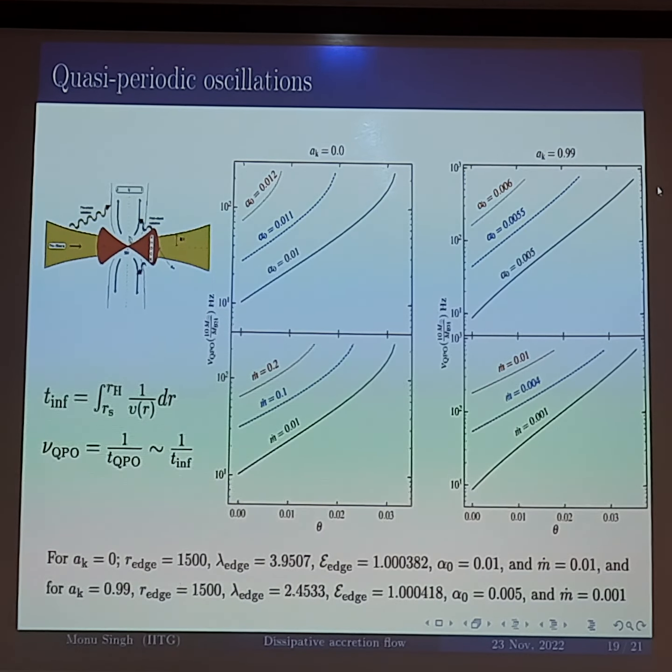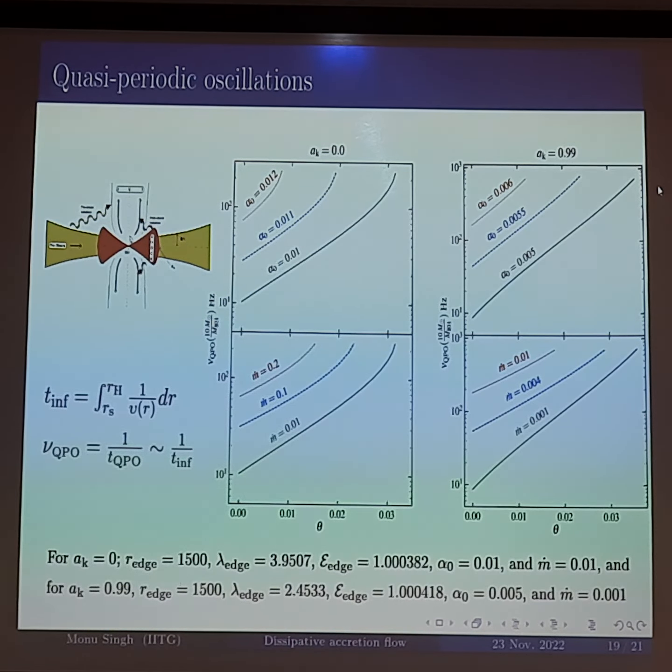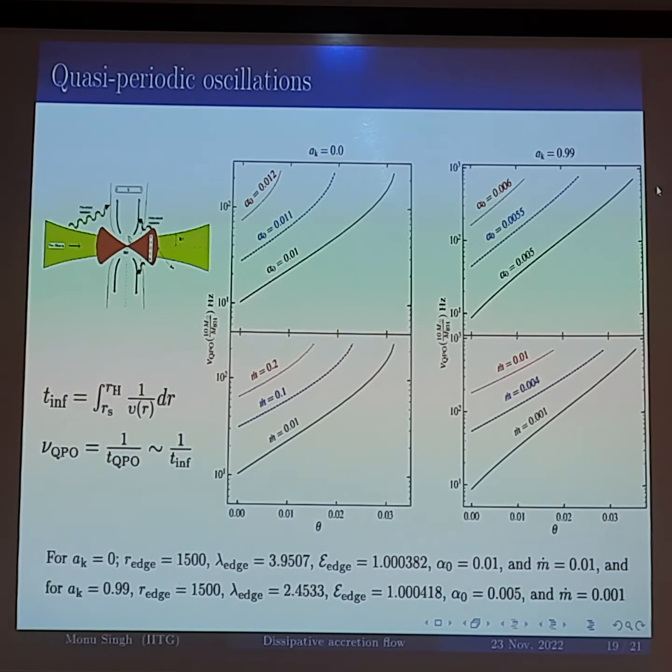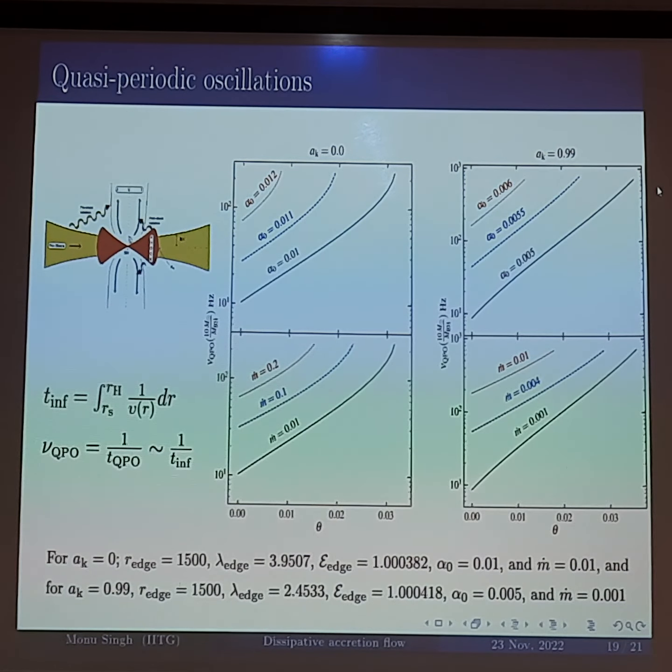So you don't get a sharp peak but an extended peak. If you take the Fourier transform, a purely periodic signal gives a delta function, but if it's not purely periodic, it has a width. That we call quasi-periodic, if there is such behavior in the outburst activity of any source.